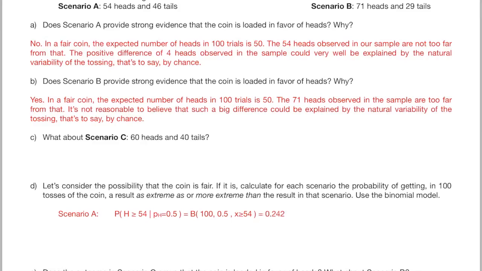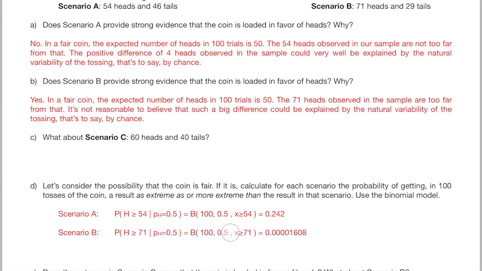This probability confirms your intuition. There is nothing suspicious in this scenario A, because with a fair coin, almost 1/4 of the time, we will see a result like this or even more extreme than this. It's like if you have 4 cards, one is an ace, 3 are jokers, you pick one randomly, and it is the ace. Not very surprising. Scenario B. What's the probability of getting 71 heads or more than 71 heads in 100 trials if the coin is fair?